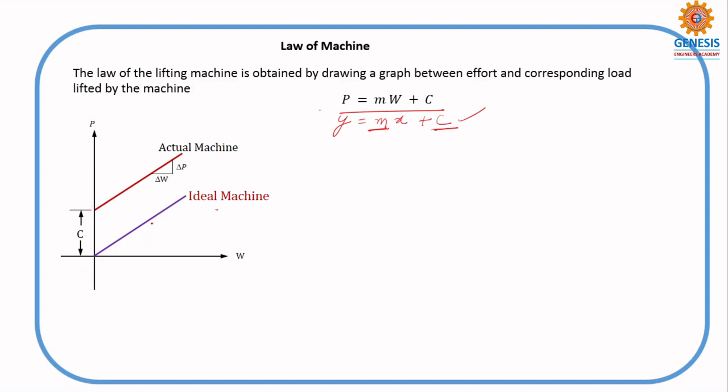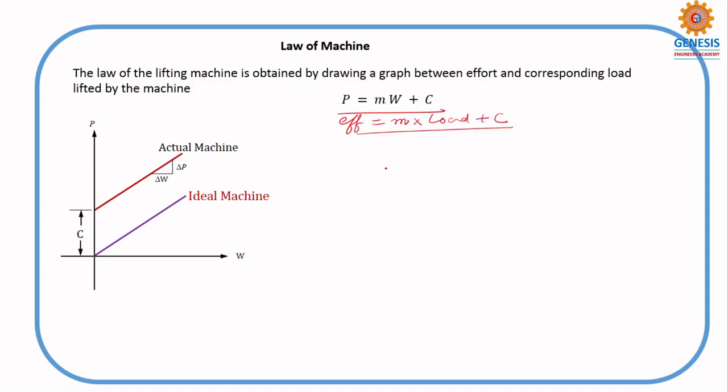In the ideal machine friction is 0, in the actual machine friction is there. That concept gives us this C. So the law of machine is effort is equal to slope times load plus C.